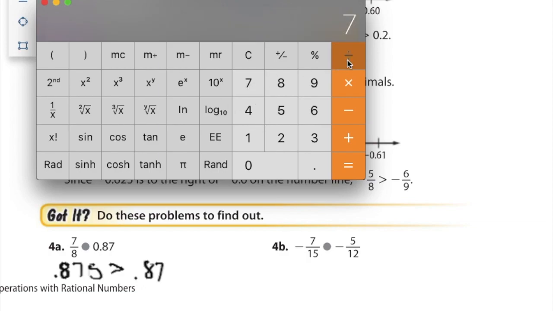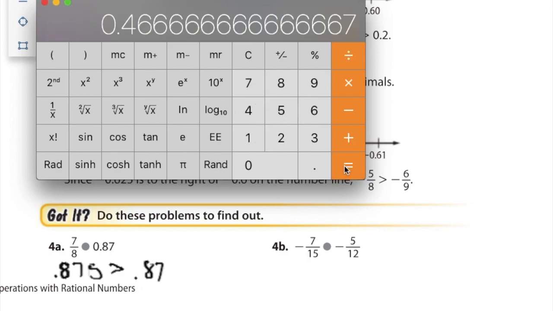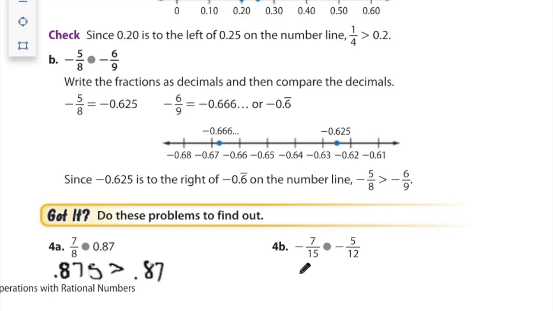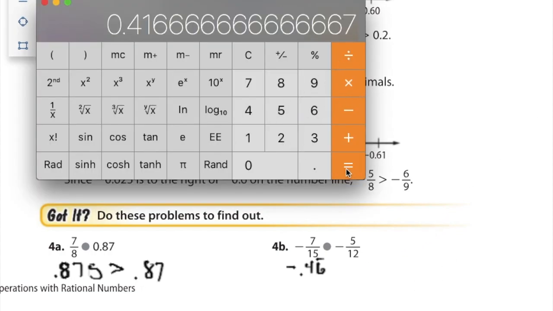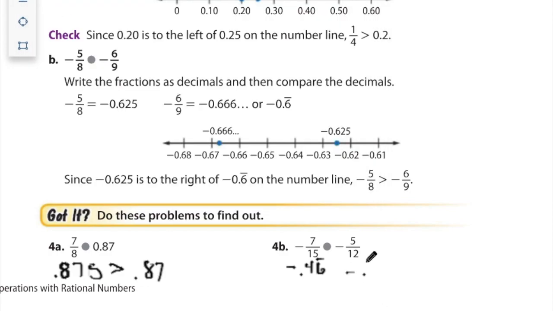I have 7/15, which is 0.46 repeating, and I'll use bar notation to show that the 6 is repeating. And this is negative 0.46 repeating. And then on 5/12, 5 divided by 12 is 0.416 repeating, negative 0.416 repeating.